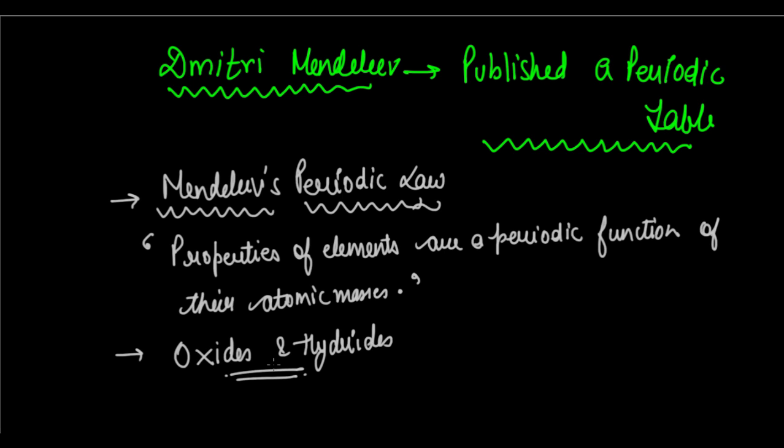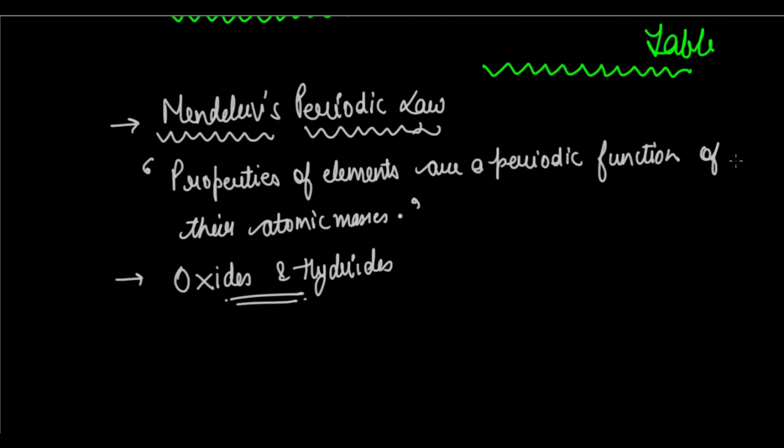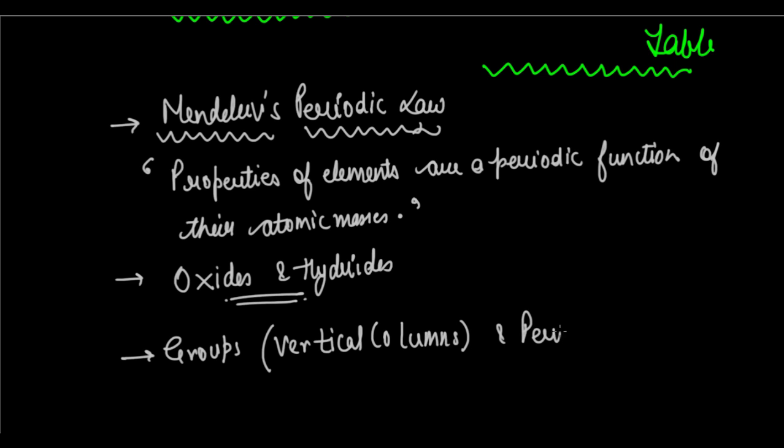And he put similar elements based on the periodicity of their properties into groups, that is vertical columns, and periods, that is rows. So he arranged elements in vertical columns, that is groups, and rows called periods.